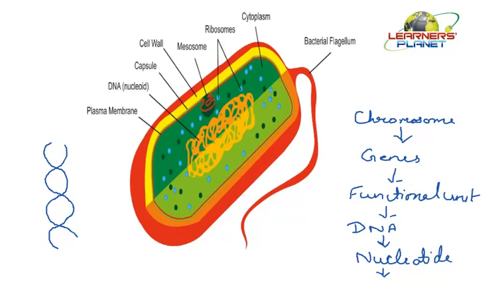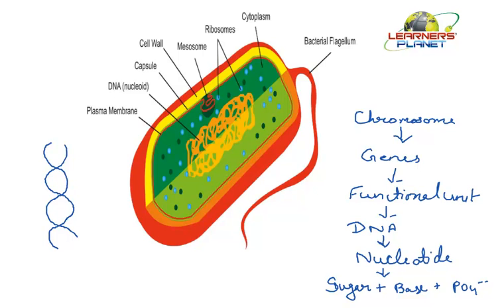Now these nucleotides are made up of three units. What are those three units? We have already studied in the previous session. They are sugar. Which sugar is present in DNA? I'm sorry, the sugar is deoxyribose. Whereas the other parts of this nucleotide are a base and an attached phosphate group.